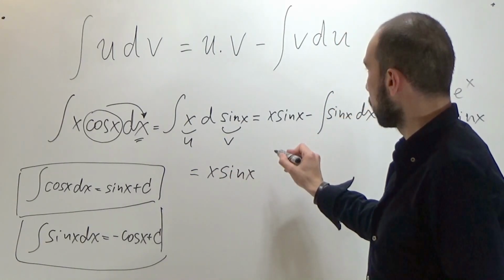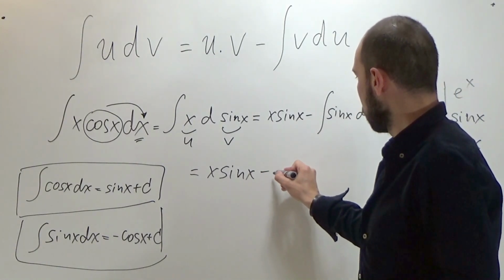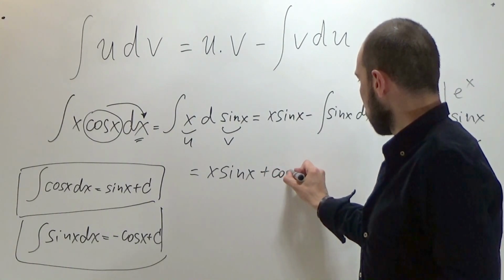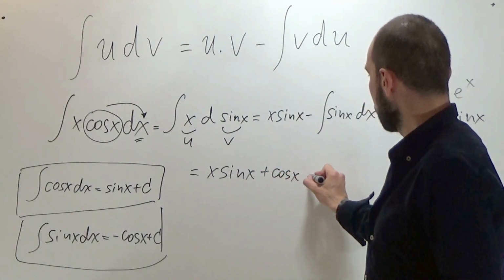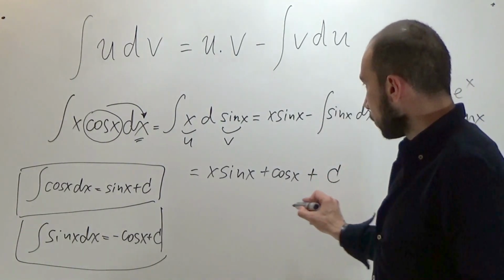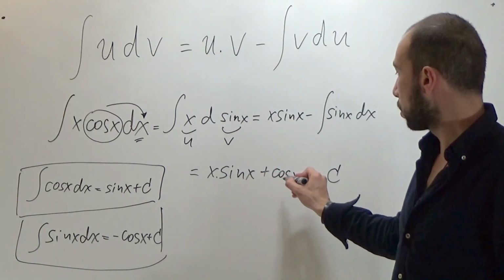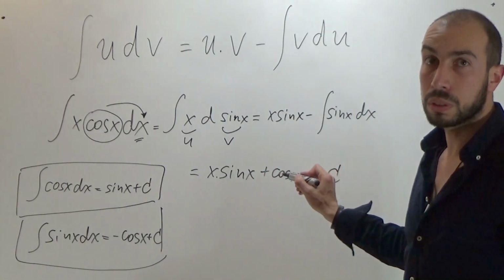And the solution of this integral is x multiplied by sinus function plus cosinus function plus constant.